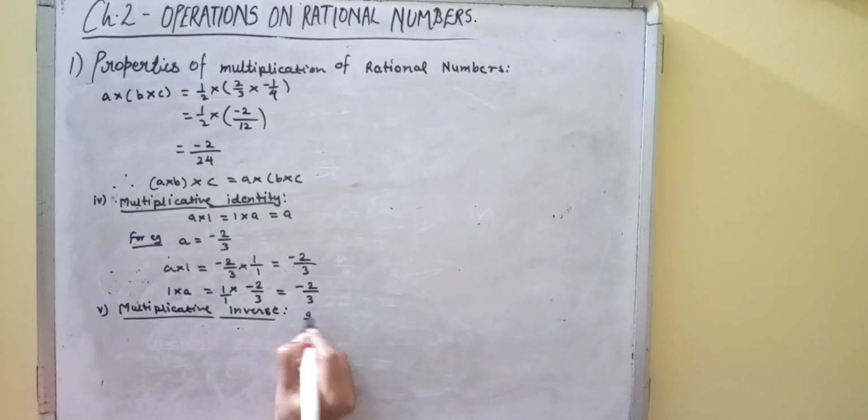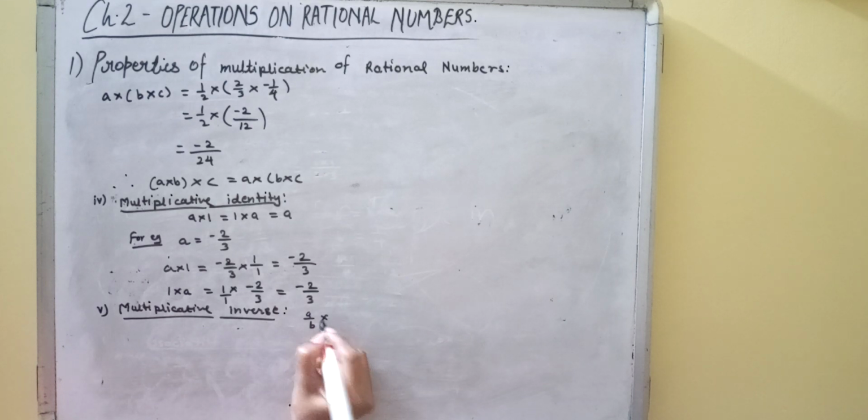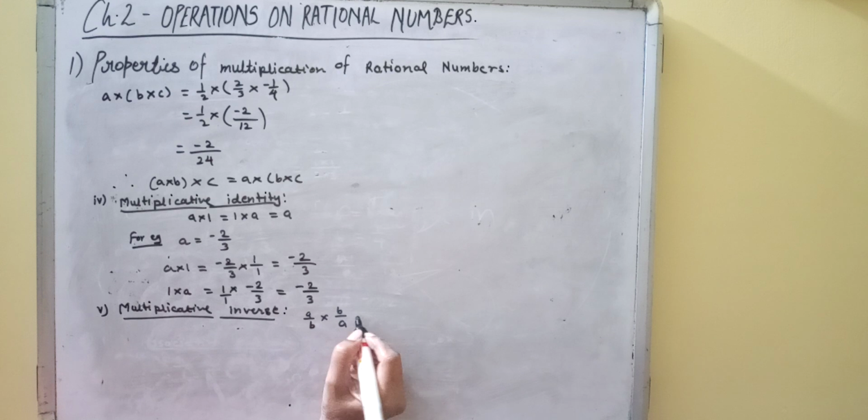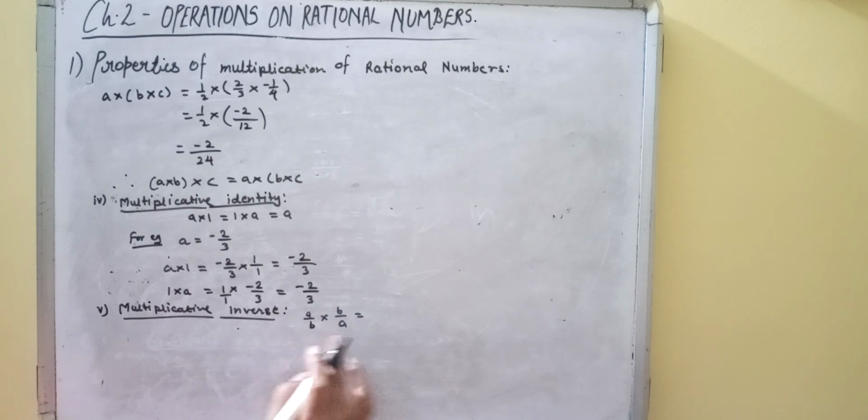So if a upon b is any rational number, then b upon a is its multiplicative inverse and the product of these two is 1. So this is called the multiplicative inverse property.